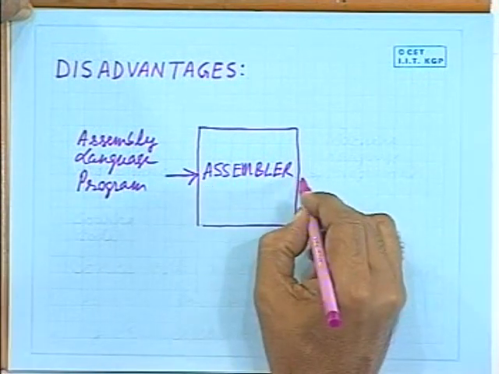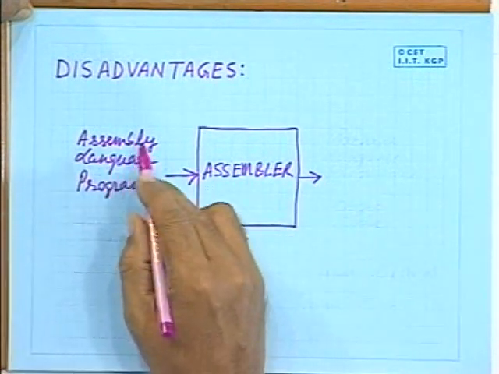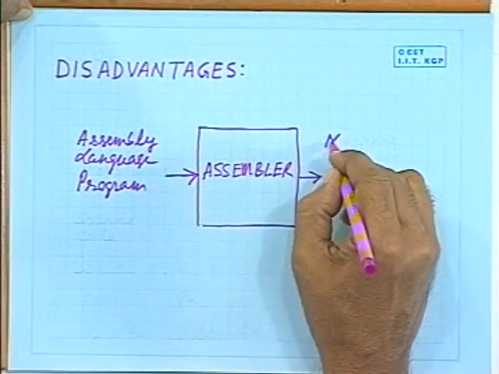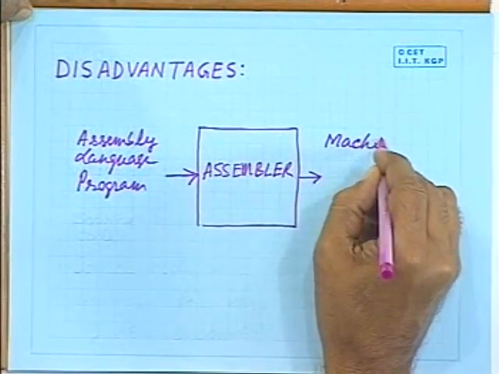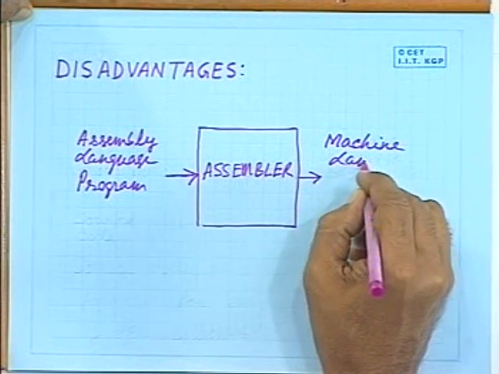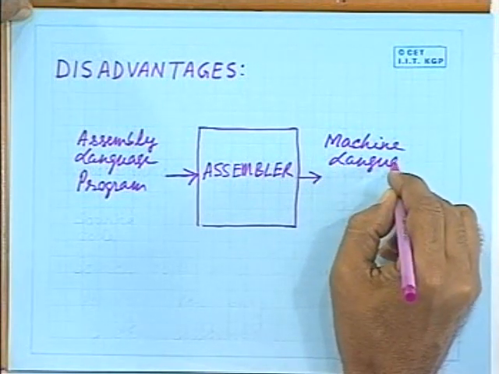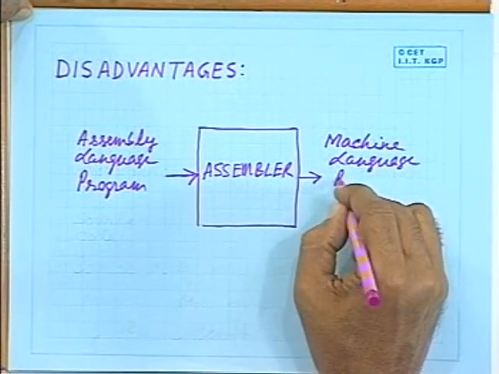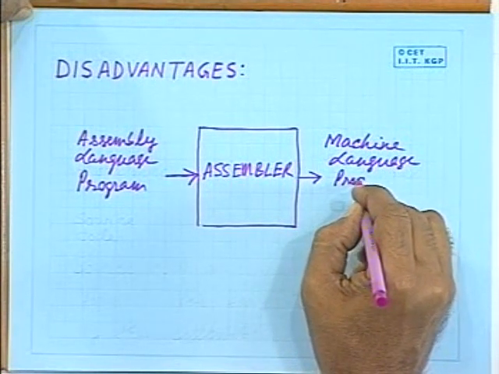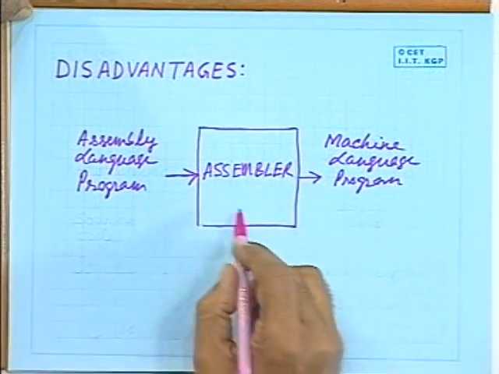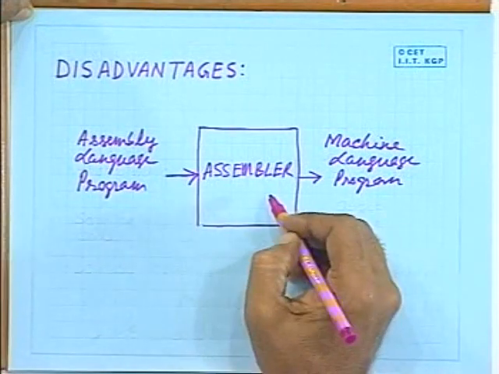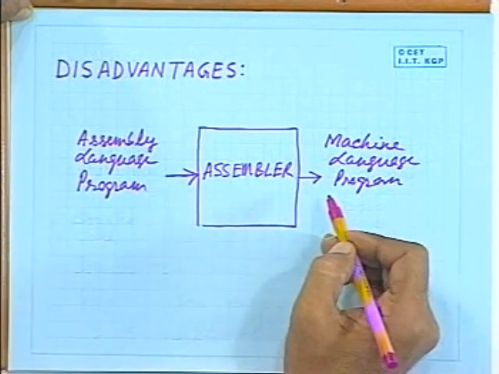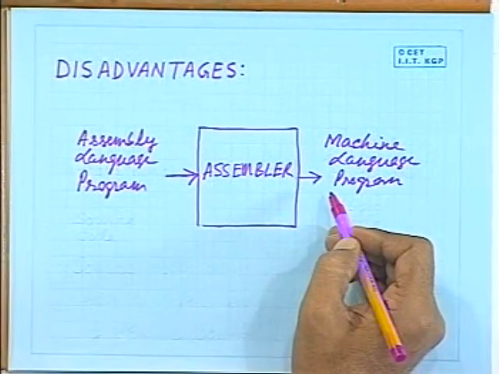That means this assembler converts the assembly language program to a machine language program. This conversion will be done by a software. So unless you have the software, you cannot write a program in assembly language.